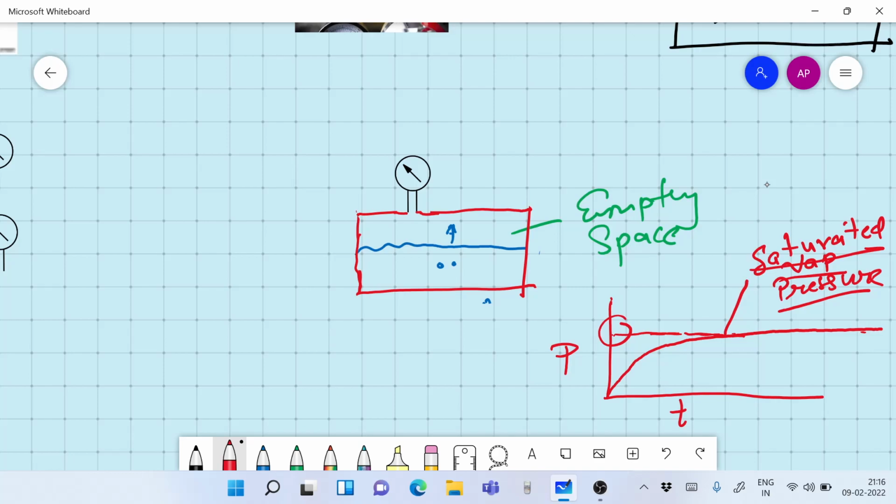Initially, it read 0 because there was only atmosphere. We covered it up. Suddenly, the space above the liquid got congested of the air that was initially there, and it got congested because of the more and more vapor molecules that came in. But then as it got saturated, there was an equilibrium. Equilibrium means the number of molecules leaving the liquid surface and coming back to the liquid surface is the same. The rate is the same.